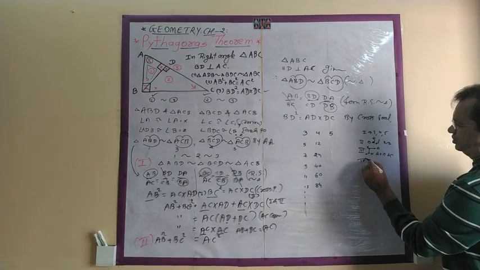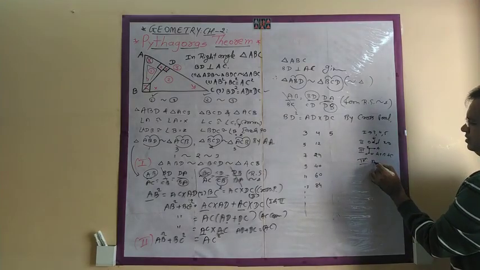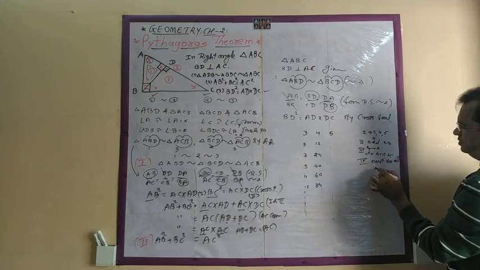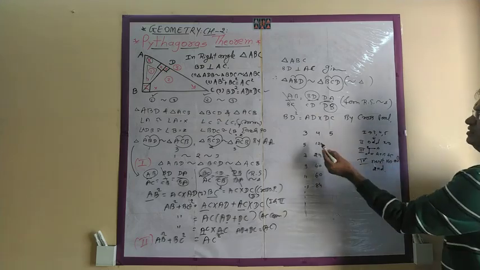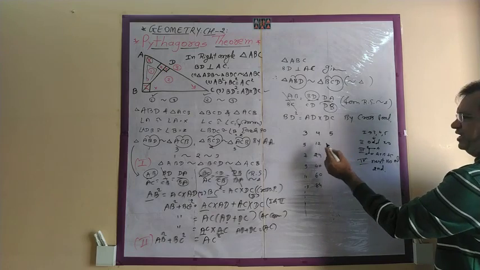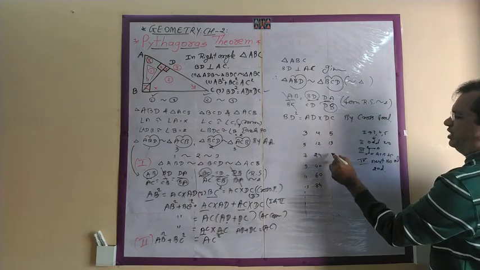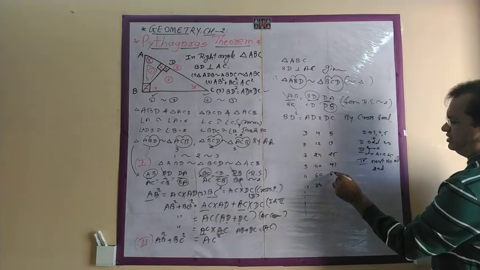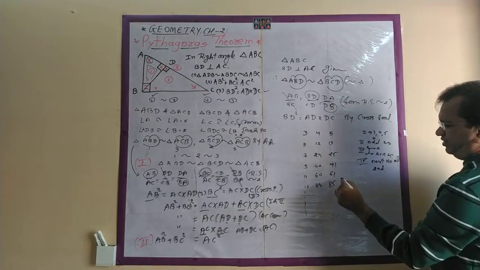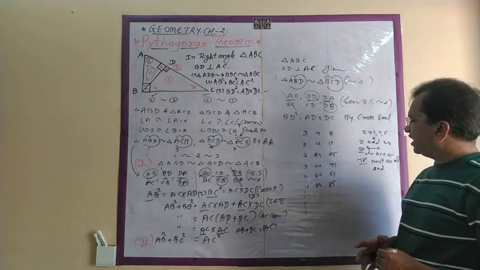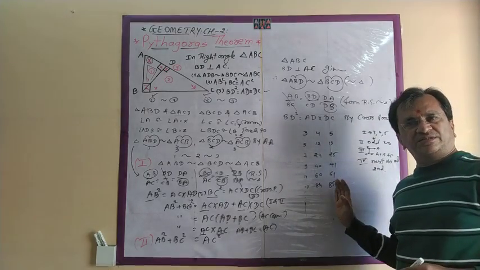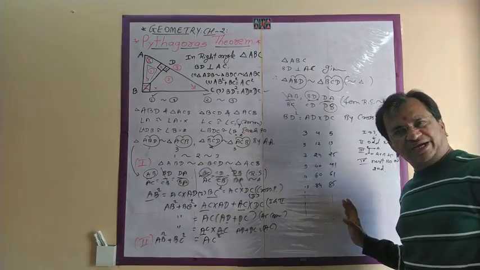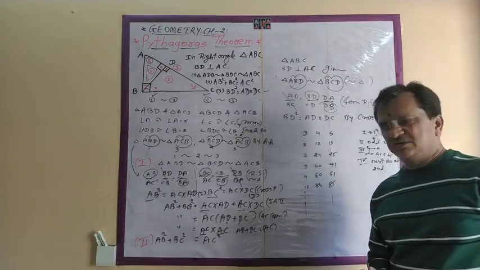Now fourth, the next number of the second. Fourth next number 5. 12 next number 13. 24 next number 25. 40 next number 41. 60 next number 61. 84, 85. So these are the triplets of Pythagoras. And the highest number, the longest side, is the hypotenuse.